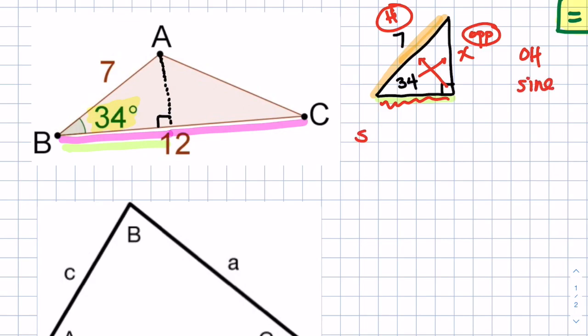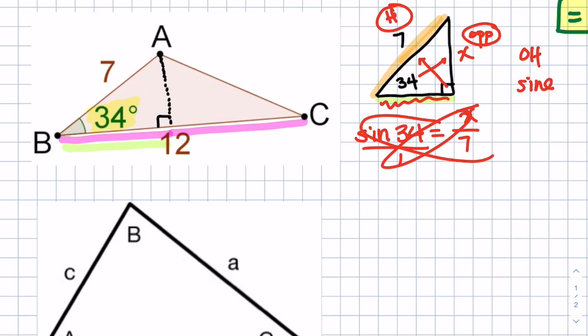So I can say sine of 34 is equal to x over 7. I can do a very quick cross multiplication. X is equal to 7 times sine 34.